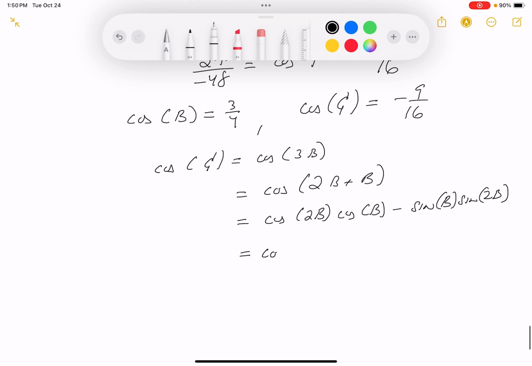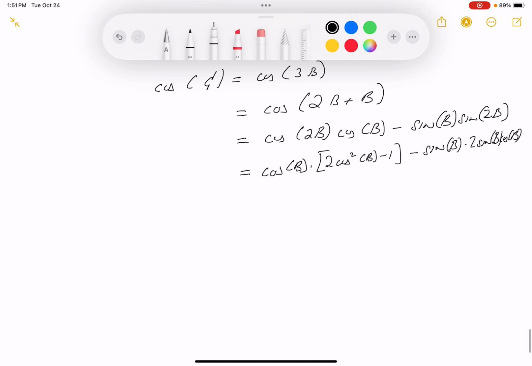So let's talk about the first guy. So it's going to be cosine of B, and I know an identity of cosine of 2B, and the cosine of 2B is going to be 2 cosine squared of B minus 1. I know that identity. And now minus sine of B, kind of crazy looking, right? And then the sine of 2B is 2 sine B cosine B. Boy, this thing doesn't seem to want to stop, does it?